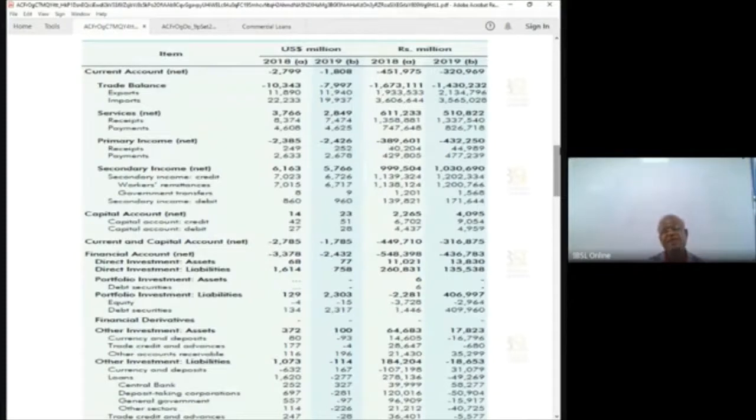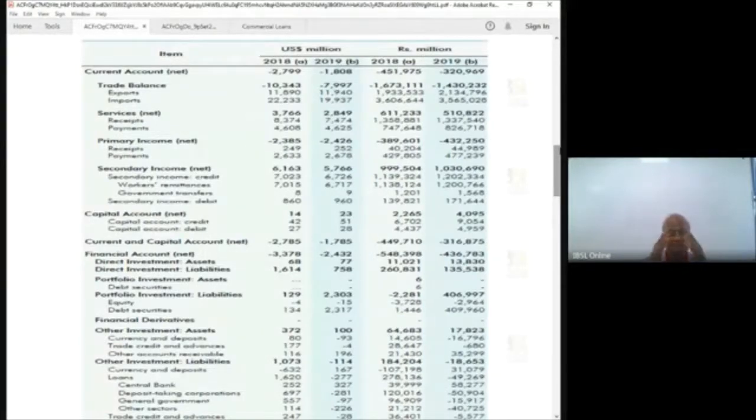In this trade account, we enter all the visible, tangible transactions, goods, which is also called the merchandise account. Exports of goods, imports of goods. Then the services are entered in other accounts.